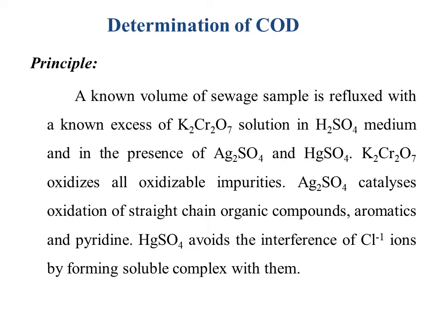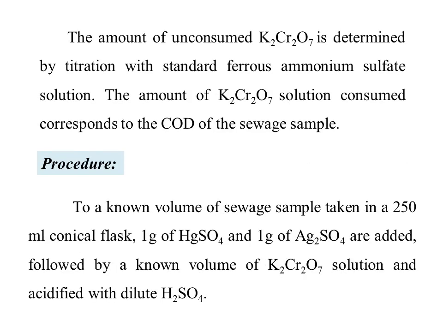Potassium dichromate acts as oxidizing agent, silver sulfate acts as the catalyst for the oxidation of straight chain alkanes as well as aromatic hydrocarbons. Mercury sulfate acts as the chemical which avoids the interference of the chloride ions in the oxidation process by forming soluble complex with them.